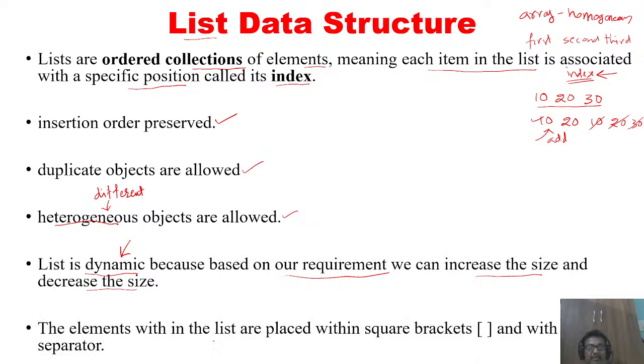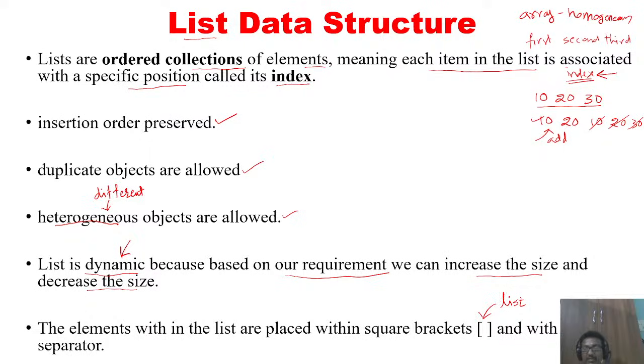Then the elements within the list are placed within square brackets. Generally, to represent a list in a program we use square brackets. When you use these square brackets, Python understands that it is a list data structure.